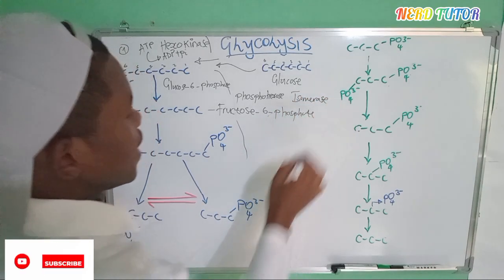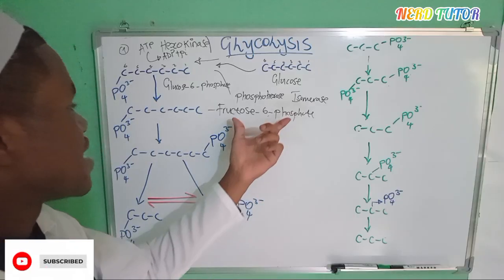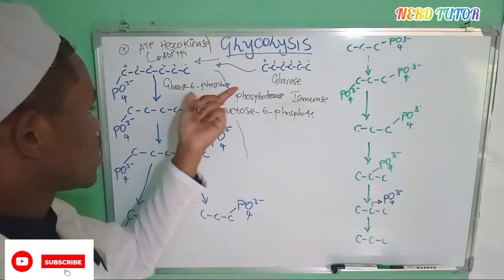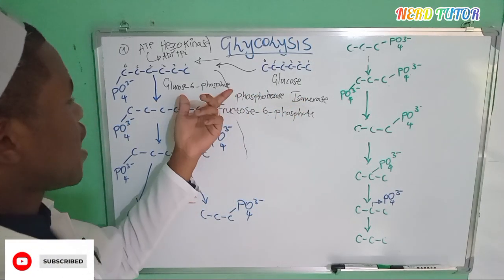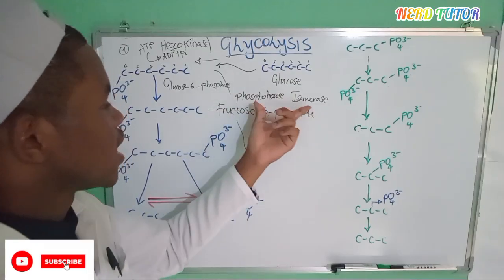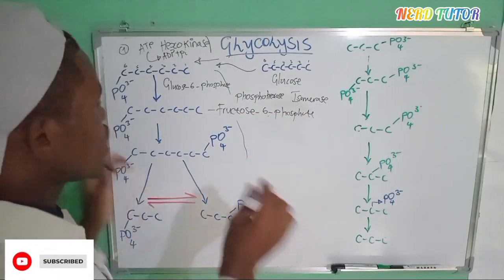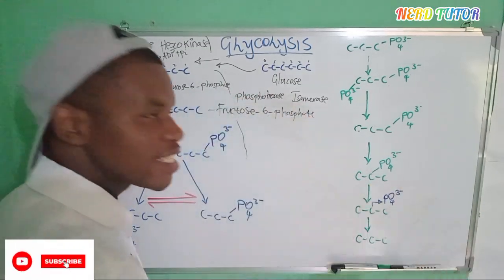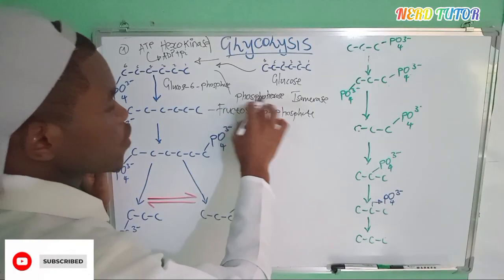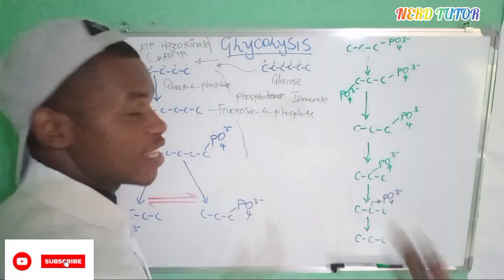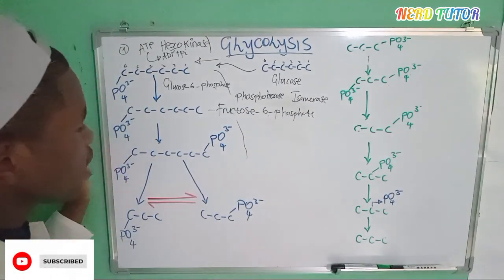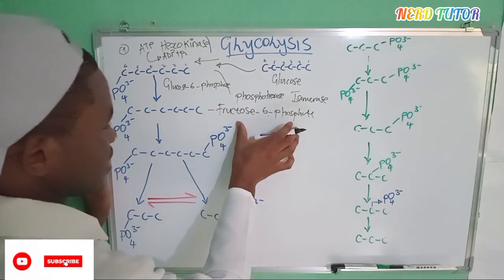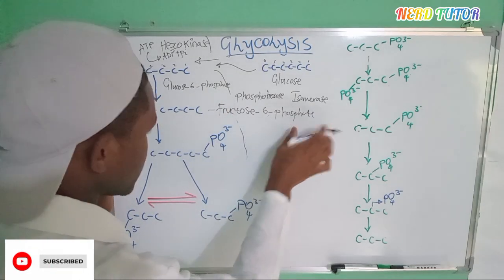This is the enzyme which has isomerized the glucose 6 phosphate. There are a number of names that you can call this enzyme. You can even call it glucose 6 phosphate isomerase or phosphohexose isomerase. It's one and the same. So now we've isomerized that to what? Fructose 6 phosphate.